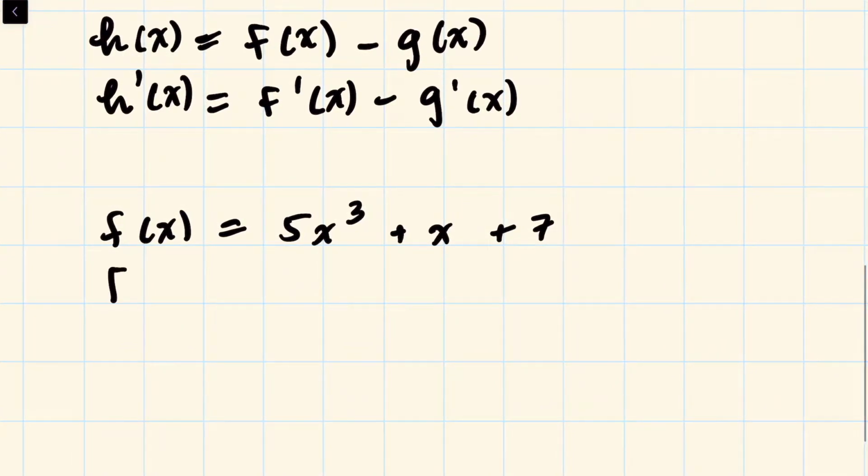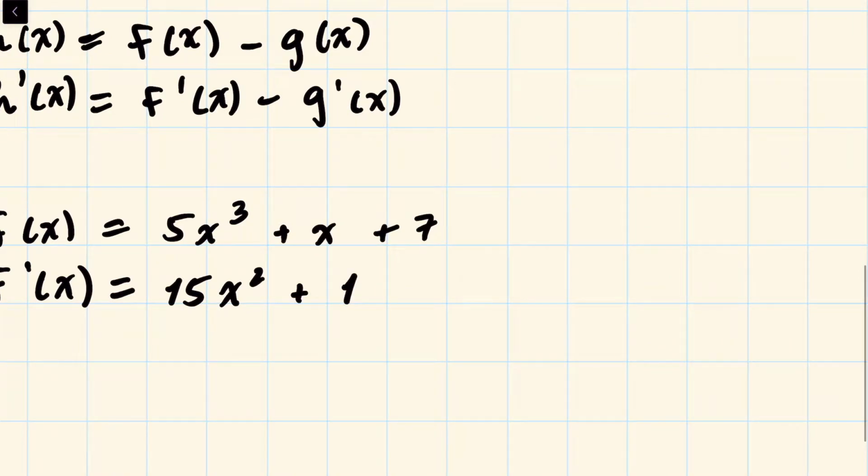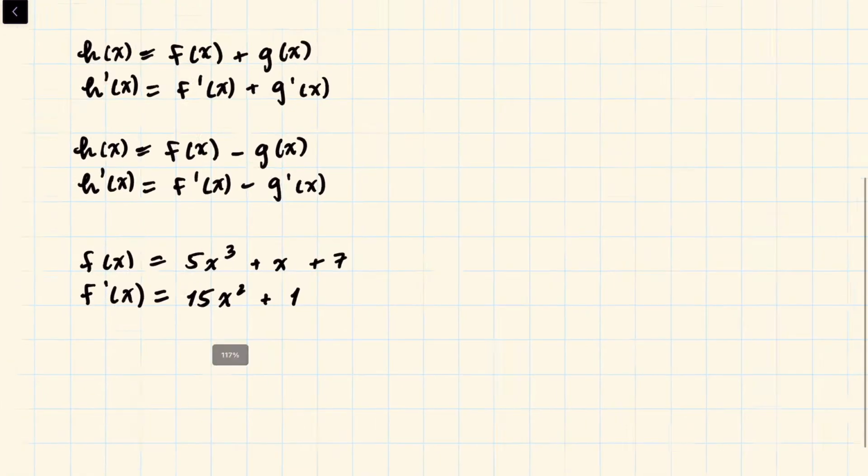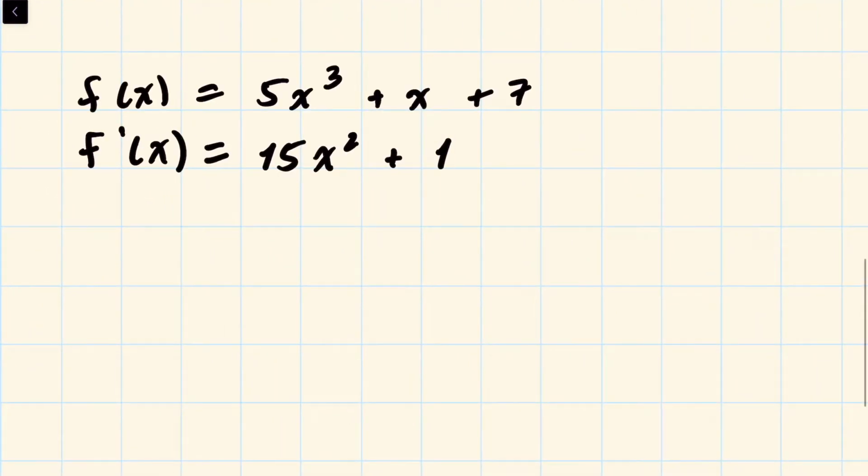Our first derivative then is going to be that 3 goes in front there, multiplies with the 5, 15x squared, plus 1, plus nothing there, because our 7 turns into a 0 when we differentiate it once, and our x will just turn into 1 because this is like x to the exponent 1. We move the 1 to the front, and it becomes 1 times x to the 0, and x to the 0 is just 1. Okay, perfect.